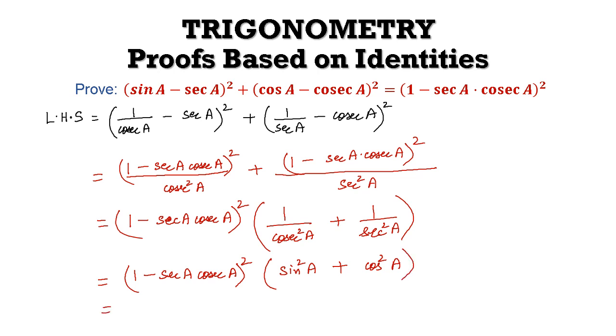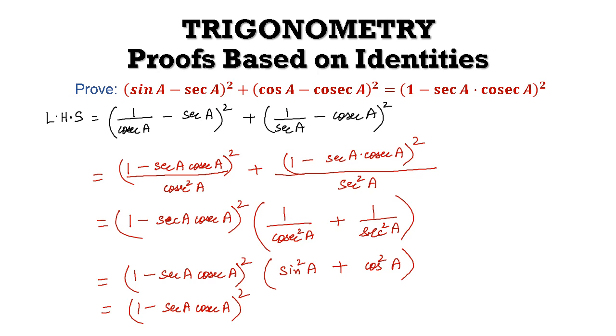So we are left with only the first multiplicand, (1 minus secant A cosecant A) whole square.